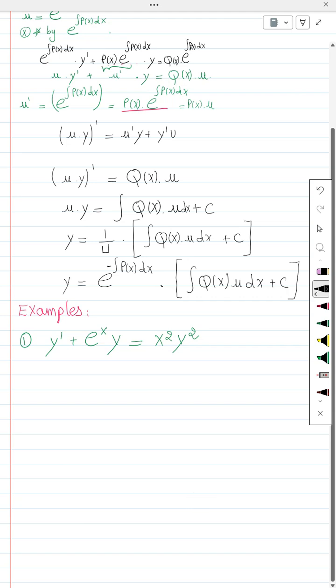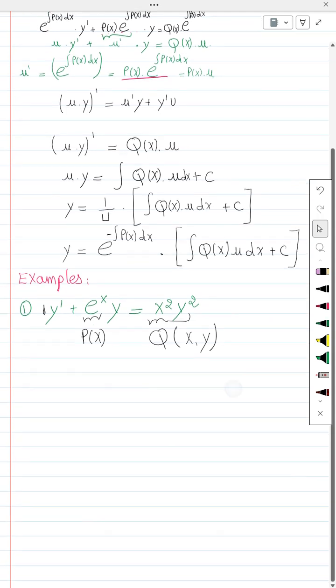As you can see here, the coefficient of y prime is 1, so this is the first step. And we have something times y, which is p(x), and here we have the problem, since q(x) y is a function with multiple variables, x and y. So it's impossible to make it only as one y, so it's not a linear differential equation.